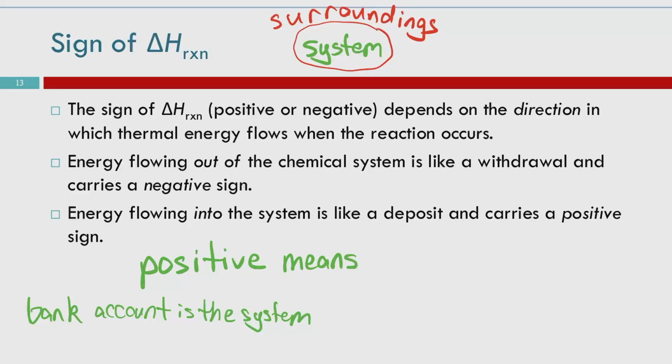So positive means money went in or was added. Money is our analogy for heat or enthalpy or energy.